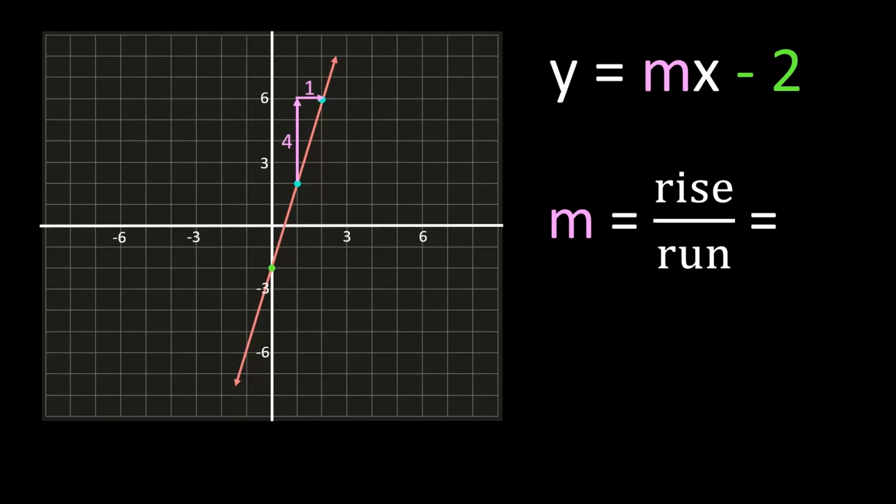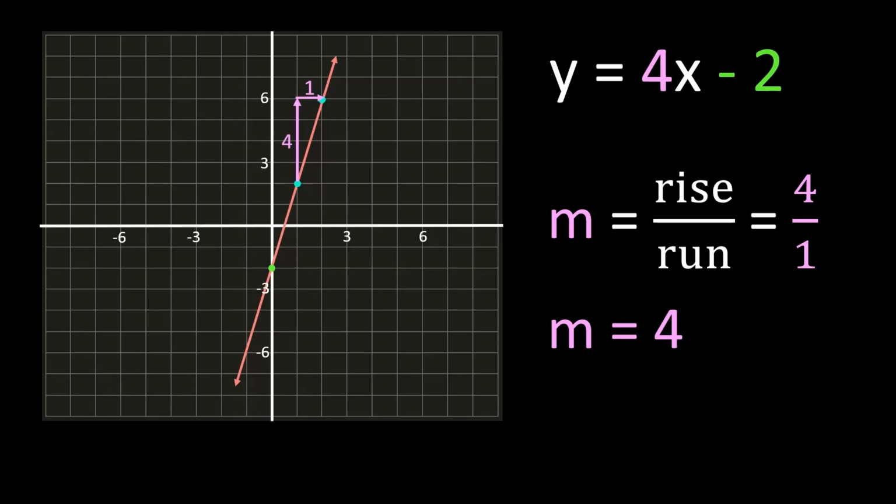I had a rise of 4 and a run of 1, which gives me a slope of 4 over 1, and 4 over 1 is equal to 4. So my slope here is 4, and I'm going to take the 4 and substitute it for m in my slope-intercept form, which will give me the equation of this line as y equals 4x minus 2.